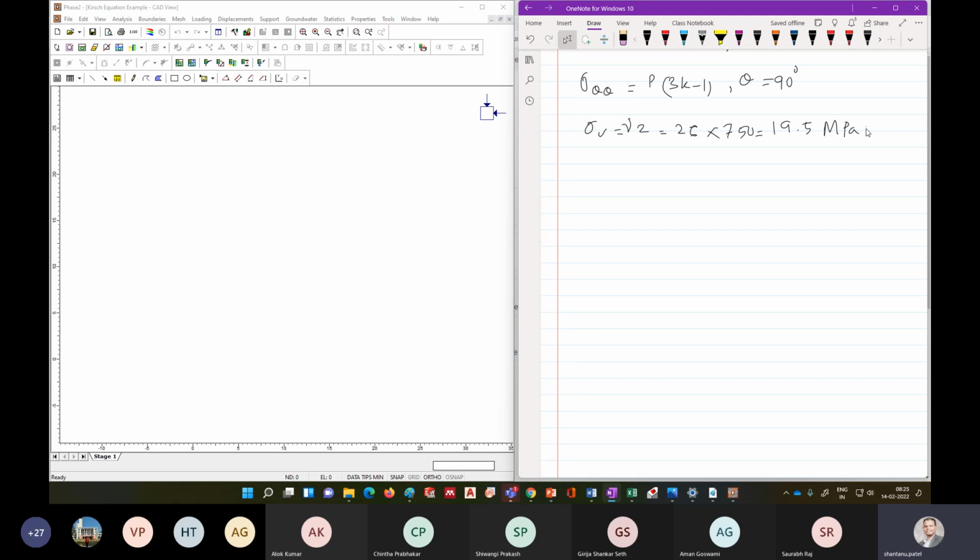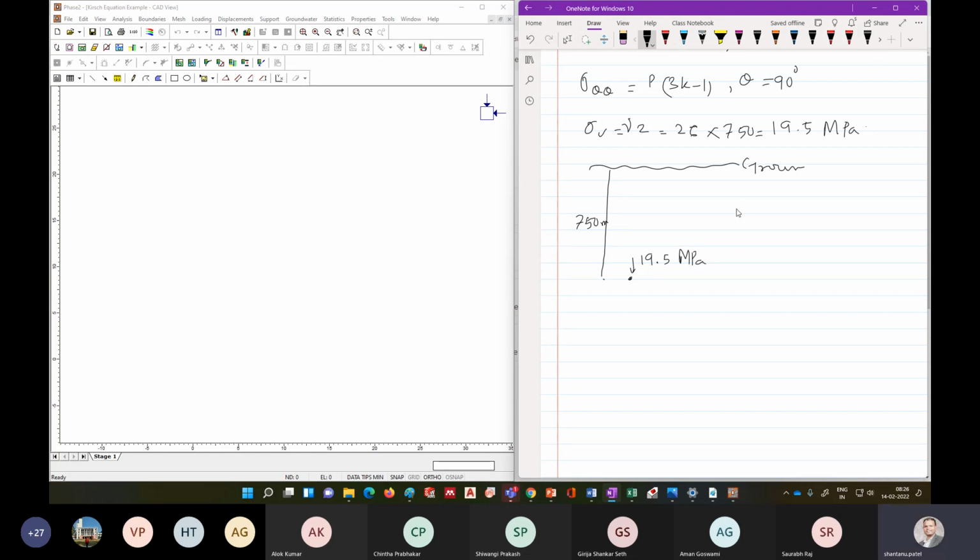So when we have our ground level, and we are talking about how the stresses are varying with the depth, at 750 meters we calculated that exactly at that location the stress in the vertical direction is 19.5 MPa.